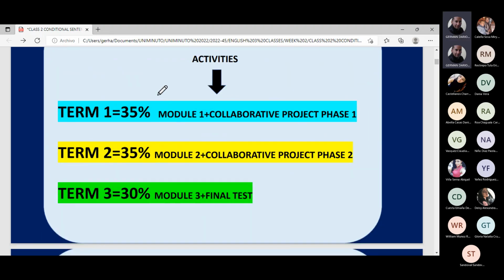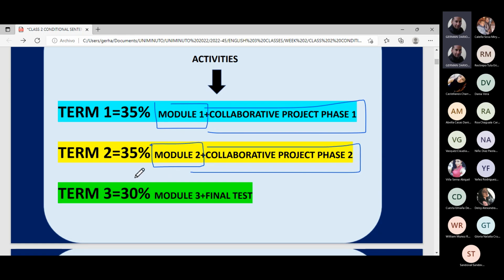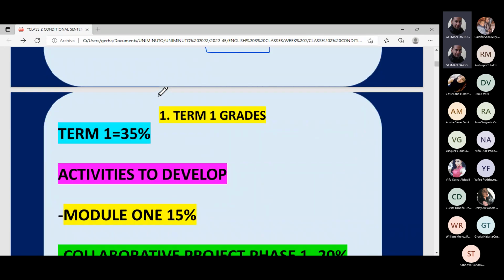The first module is constituted by the units and the Clotted project. The term 2 is constituted by module number 2 and the Clotted project, phase number 2, and term 3 is constituted by the final test. These are the components that constitute this class.